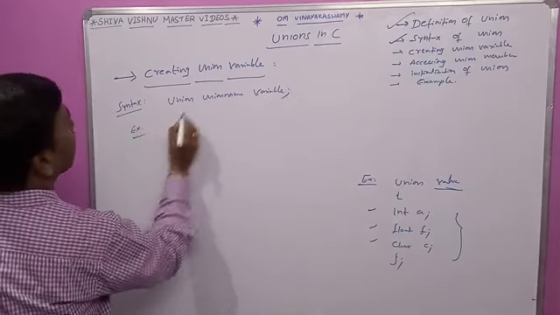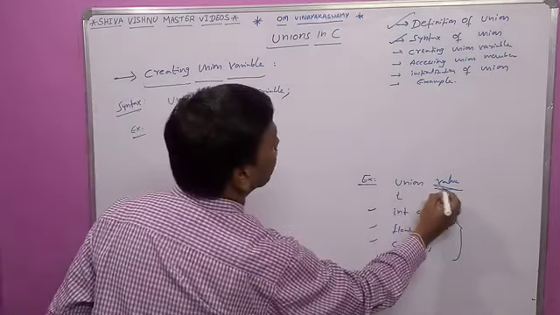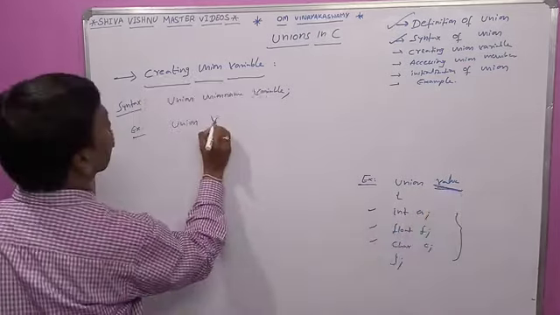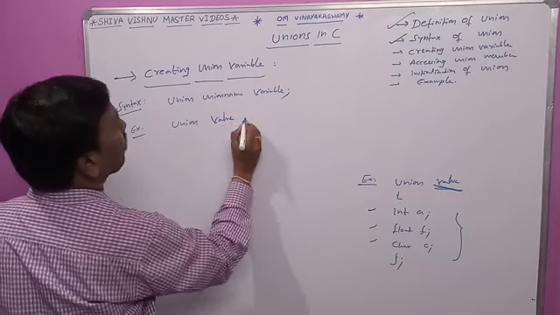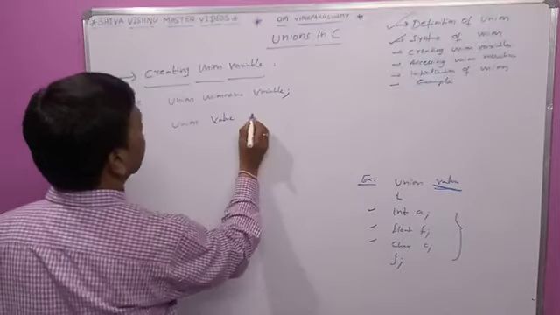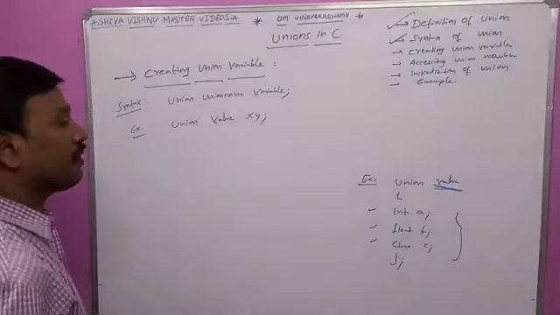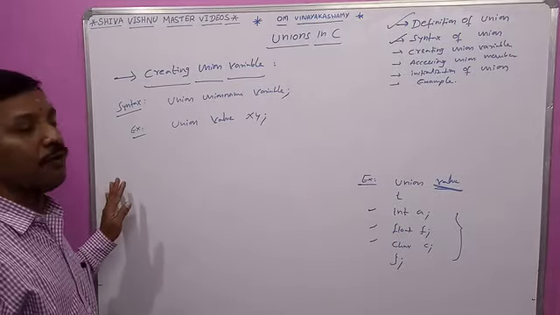Example: union is a keyword, union name value, and the variable xy. You can take any variable name, but don't take keywords as a variable name.